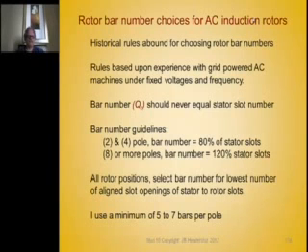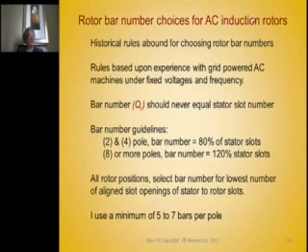Now, for induction motors, the rotor bar selection number is a totally different topic. It's true that the current flowing in the rotor bars determines the poles that are induced in the rotor.